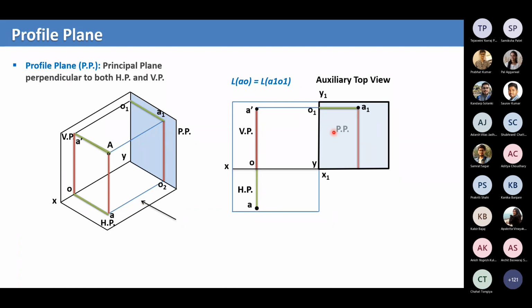So when you take this point projection onto an auxiliary plane, when you extend from A dash, you should take the measurement of breadth or width. And when you extend from A, everyone knows the side angle projection.